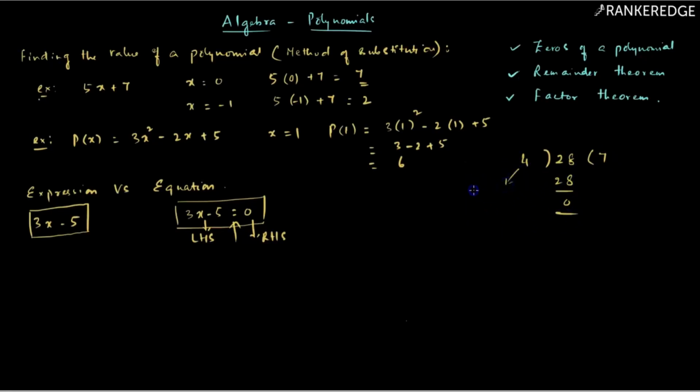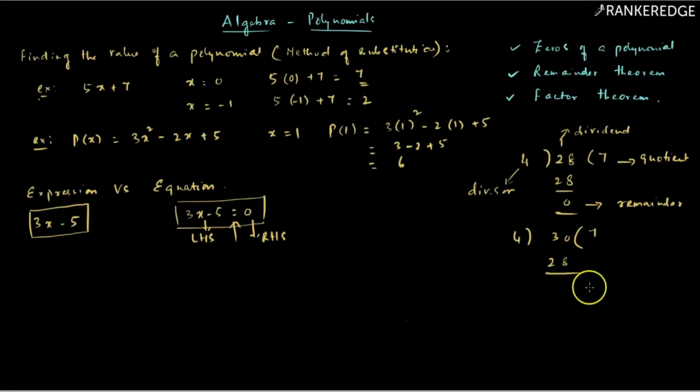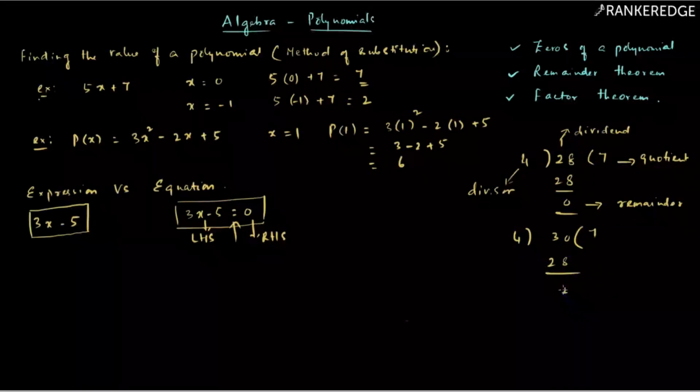This is called divisor. This is called dividend. This is called remainder. When I divide, let's say 30 with 4, my quotient is 7 still. It goes into 30 7 times. The remainder will be 2.